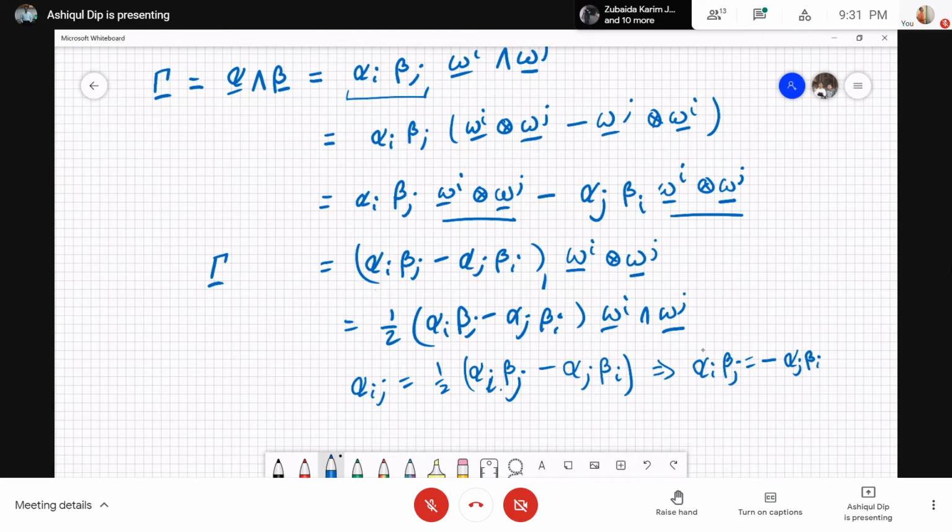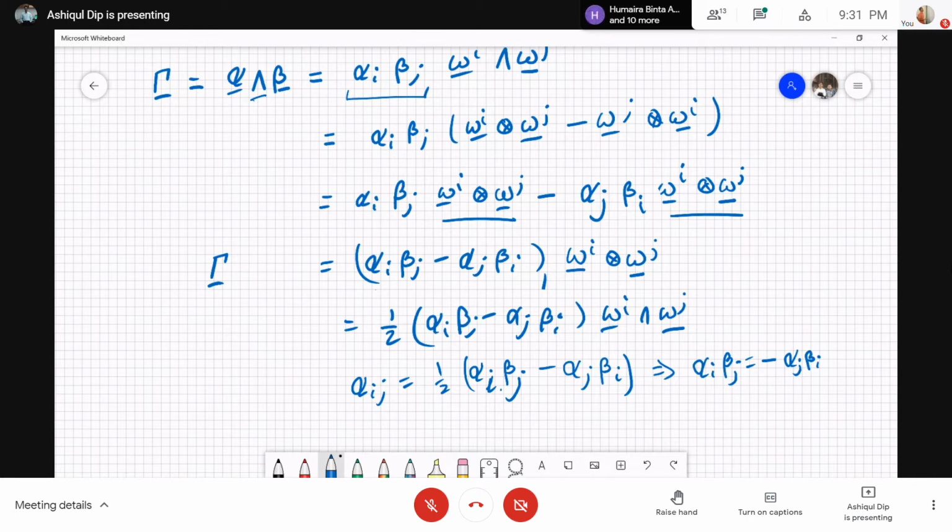So why does this thing happen? It happens because of the antisymmetry. We have taken an antisymmetric product, not any arbitrary product. For example, this suggests that alpha 1 beta 2 is equal to minus alpha 2 beta 1, right? But alpha and beta are totally arbitrary.